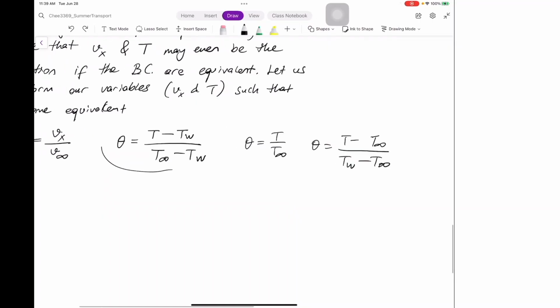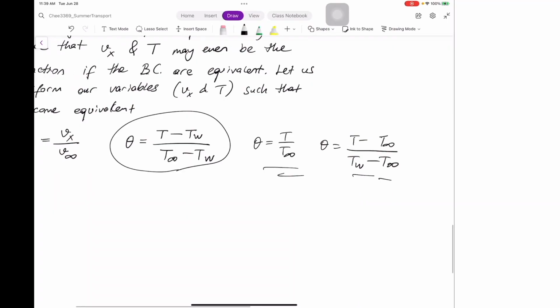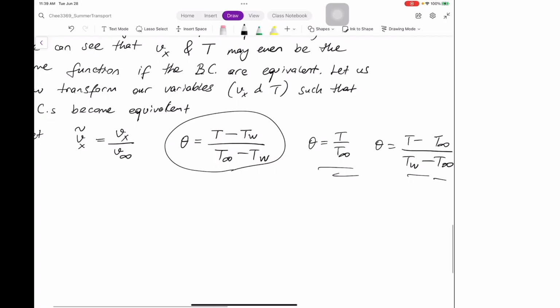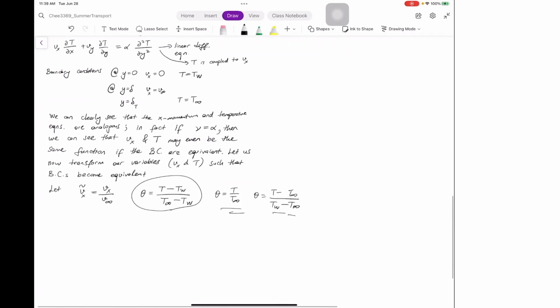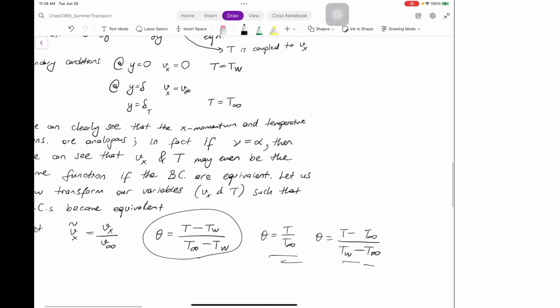Do you know why I'm choosing this instead of these ones? Any idea? I'm designing this in such a way that when T becomes equal to T infinity, I get theta equal to 1 here, and I get theta equal to 0 here.